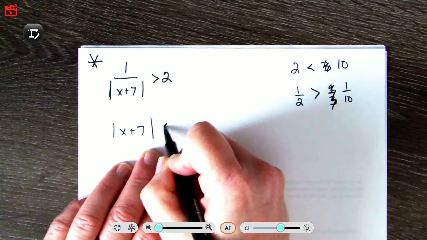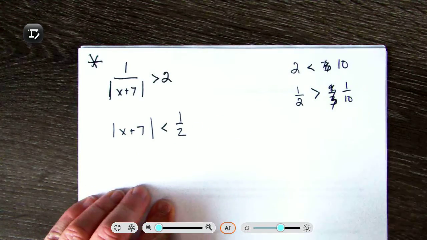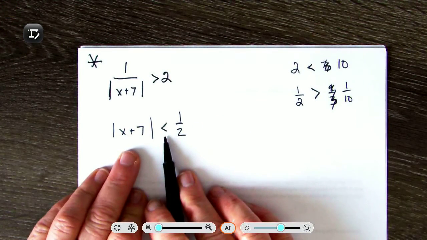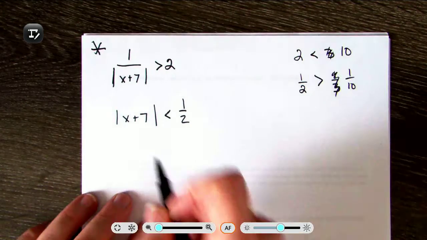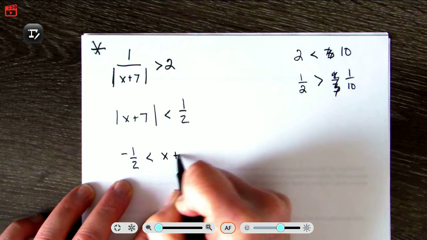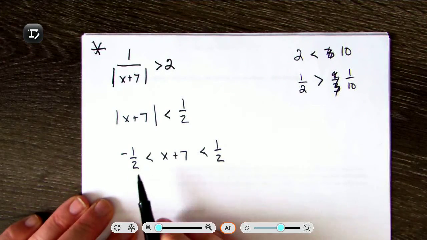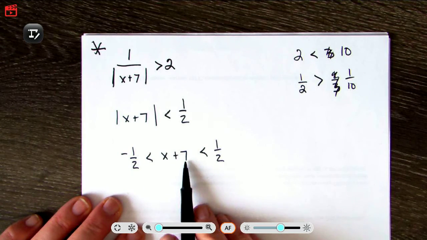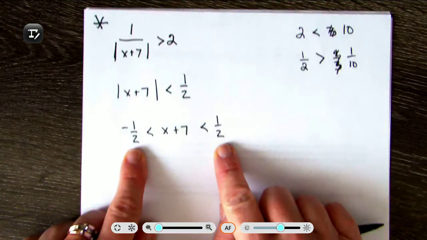Switching the inequality, it is now less than 1/2. This is now a less than symbol, so I'm going to be shorter or closer to 0 than 1/2, which means I can write this as a compound inequality. So negative 1/2 is less than x plus 7 is less than 1/2. Looking at the outside pieces, that does make sense.